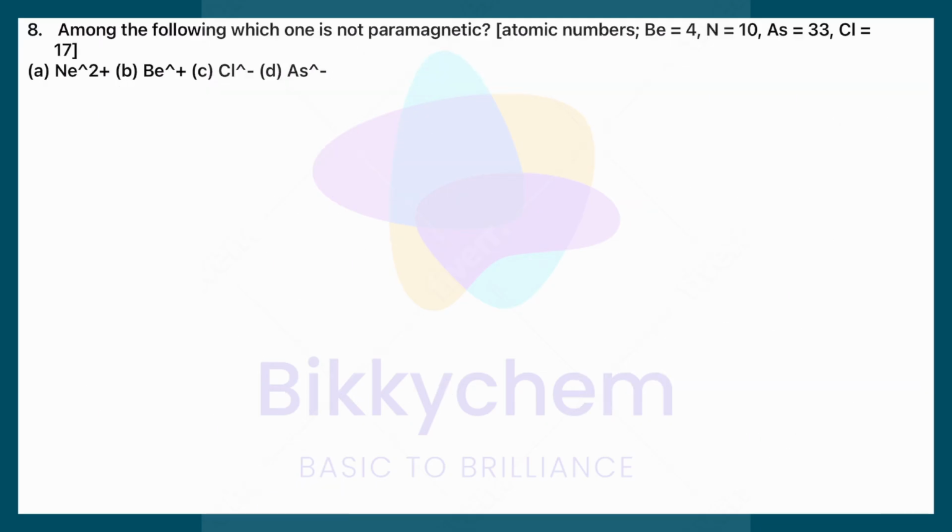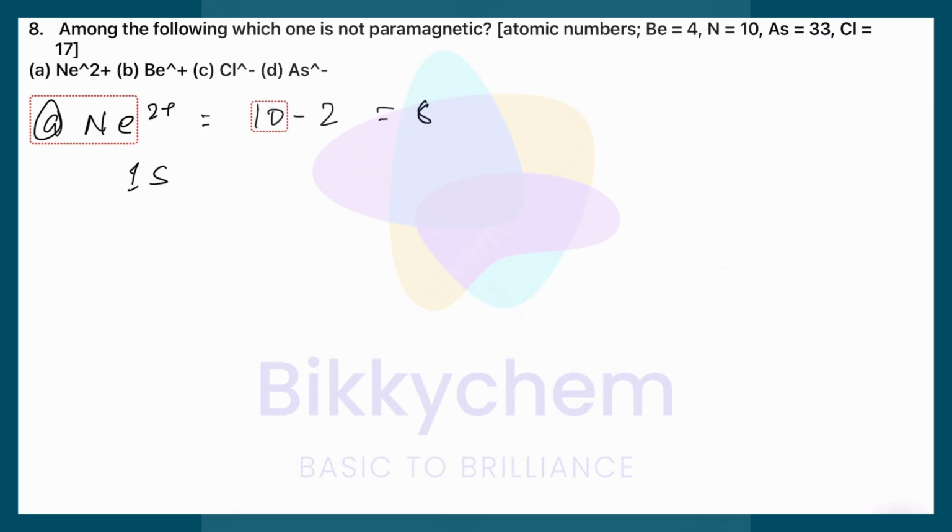Okay, dear student, let's see among all of these given options which is not paramagnetic. So any 2 plus means 10 minus 2, which is equals to 8. So electronic configuration will be 1s2, 2s2, 2px2, 2py1, 2pz1.